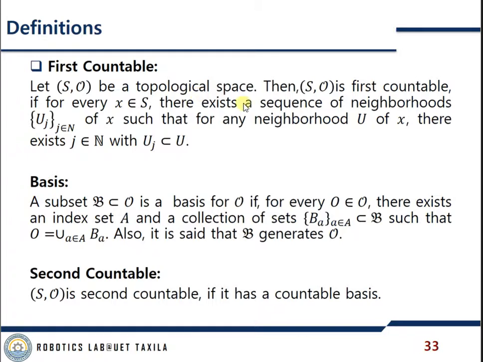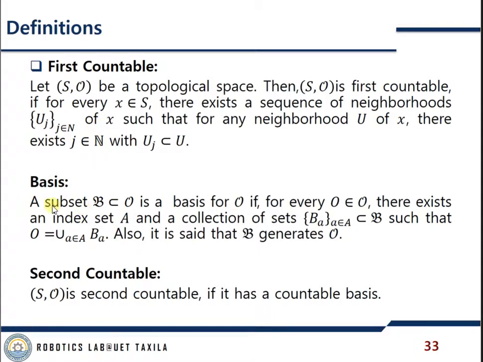So what I'm trying to describe is that a sequence of neighborhoods exists, for any neighborhood u of x, and this sequence is countable, and this u_j is going to be a subset of u. So that becomes first countable. It simply means that the trajectory is continuous, in a rough way.